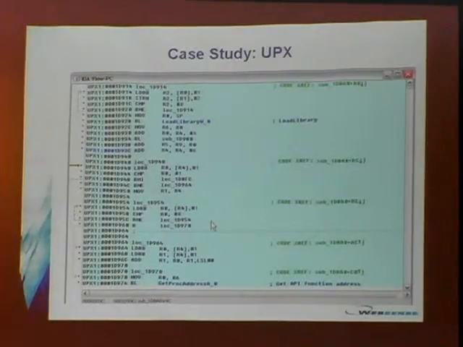So this is an important part of UPX for Pocket PC. It's very similar to the Windows unpacking routine. It's just a few loops. It just does LoadLibrary on the DLLs it needs to load, and GetProcAddress on the API functions it needs to call.